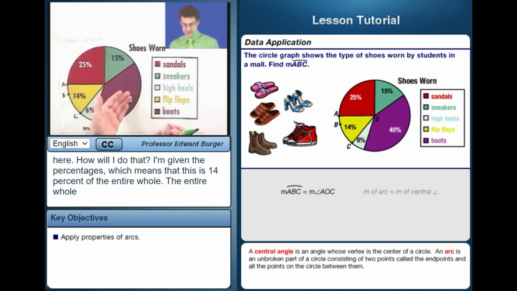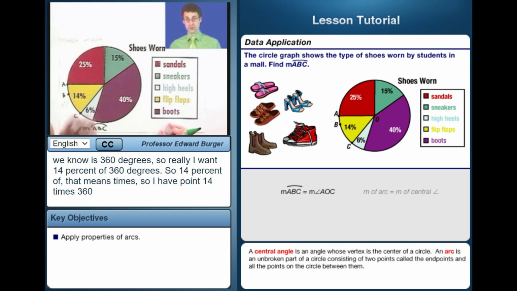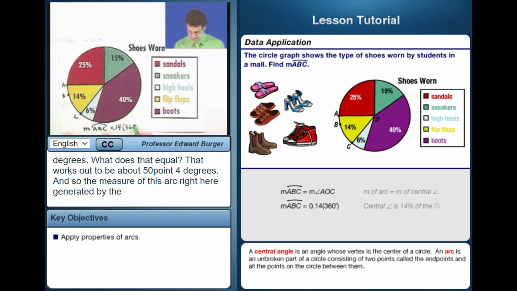I'm given the percentages, which means this is 14% of the entire whole. The entire whole, we know, is 360 degrees. So I want 14% of 360 degrees. Of means times, so I have 0.14 times 360 degrees.